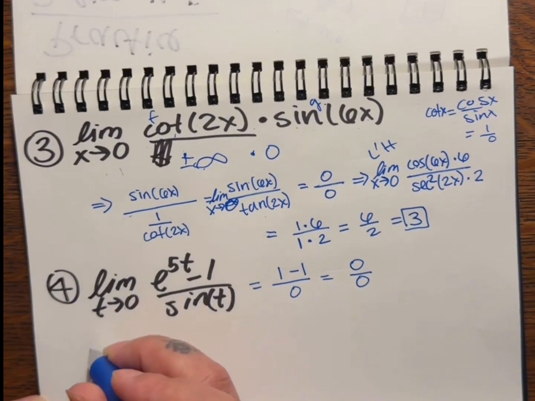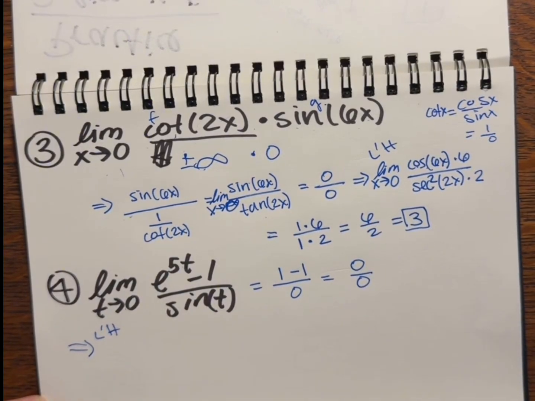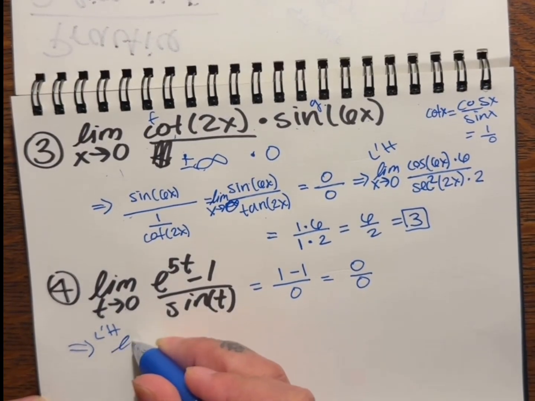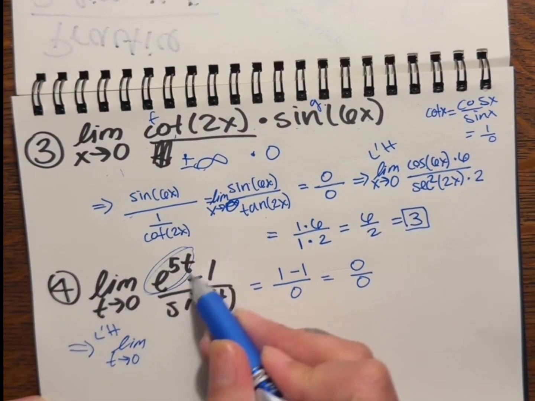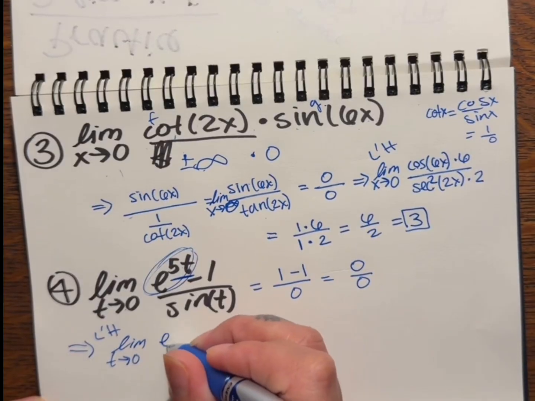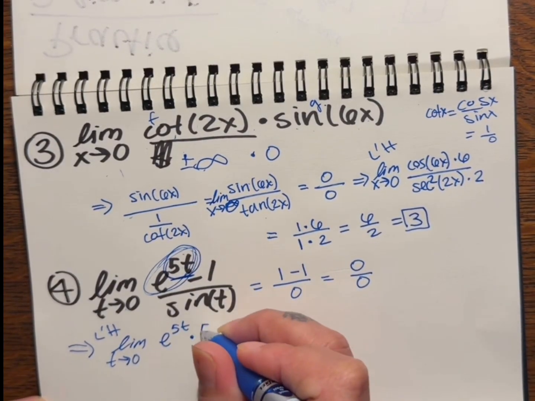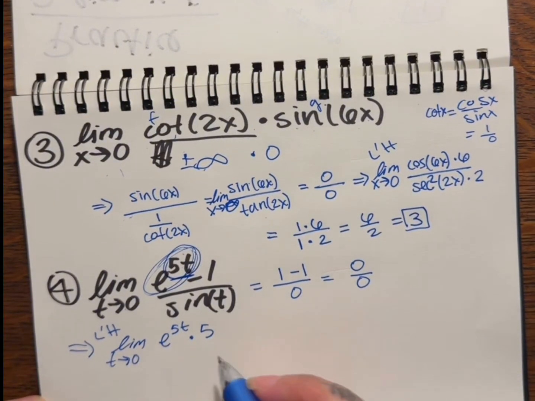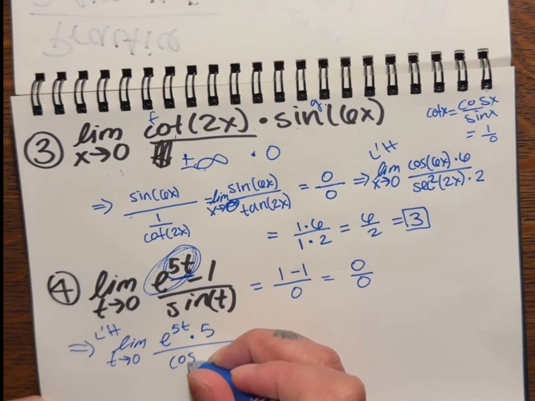And so now we're going to use L'Hospital's rule. And so the derivative of the top, let me just write limit as t approaches 0. Remember, e to the u, which is, we could consider this u, is just itself times the derivative of this here, which is 5. And then the derivative of sine is cosine.